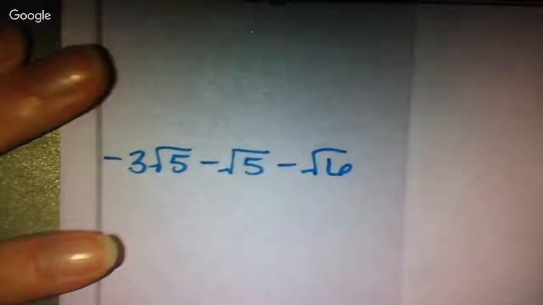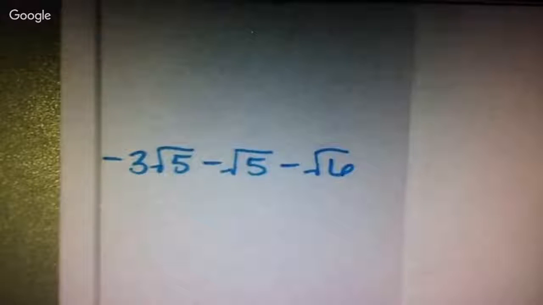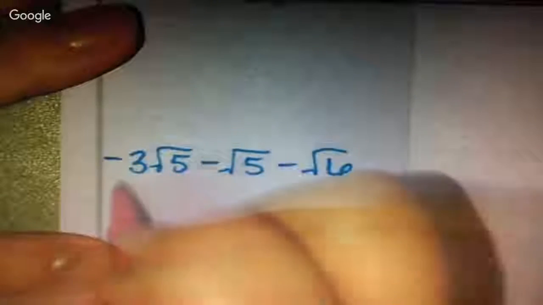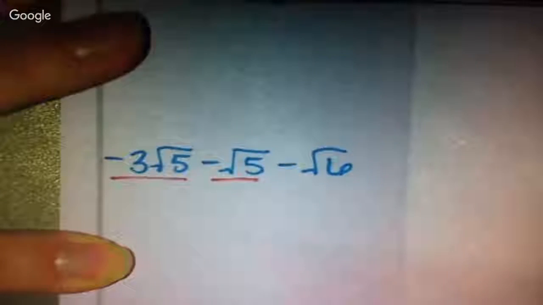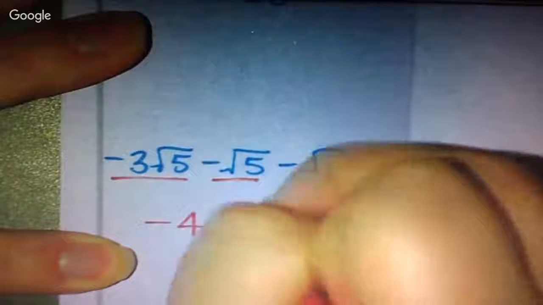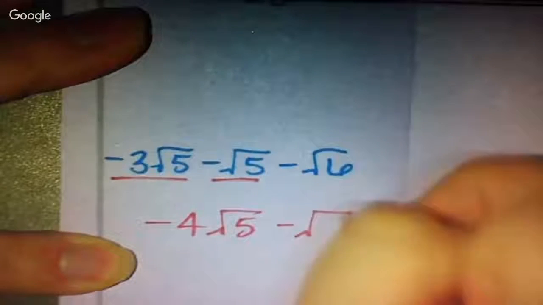You can't do anything with it. Good call, Justin. Okay. So now what goes together? Negative 3 square root of 5 and negative 1 square root of 5. And what does that become? Negative 4 square root of 5. Fantastic.